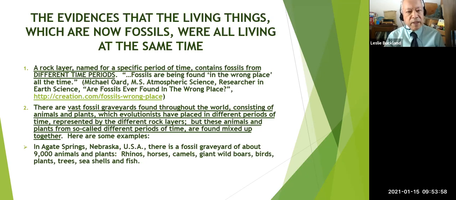So a rock layer named by the theory of evolution for a specific period of time contains fossils from different time periods, using the theory of evolution as the context in which I'm talking about different time periods. Here's a quote: "Fossils are being found in the wrong place all the time." And this is according to Michael Ord, who has his Master of Science in Atmospheric Science and is a researcher in earth science.